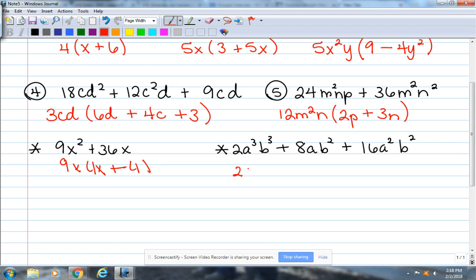So 2. All right. The small a is the smallest power, yep. And then it's gonna be b squared, because b squared is the smallest. Yep, you're right. Put your little parentheses. Okay.